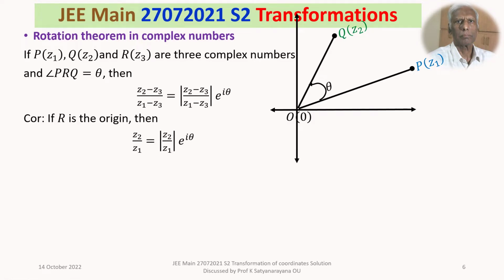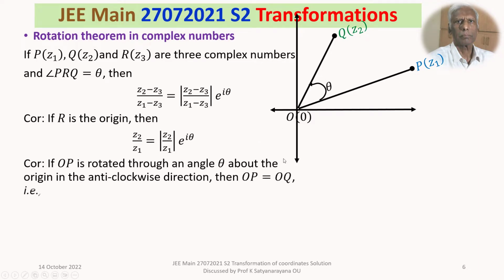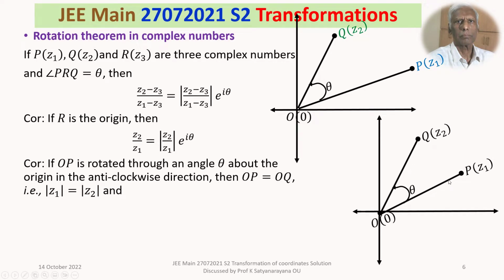Now we make another corollary. If OP is rotated through an angle theta about the origin in the anti-clockwise direction, then OP will be equal to OQ because of the rotation, that is, the modulus of Z1 is equal to the modulus of Z2.